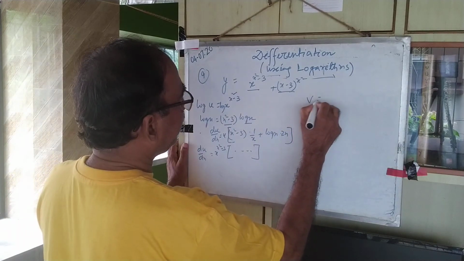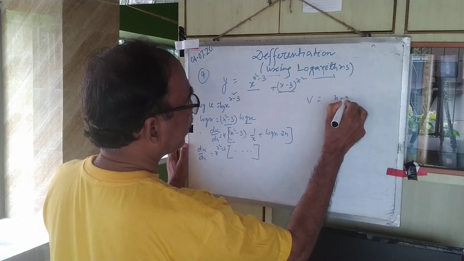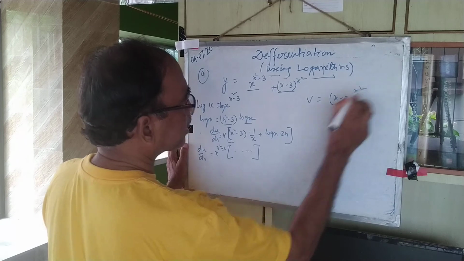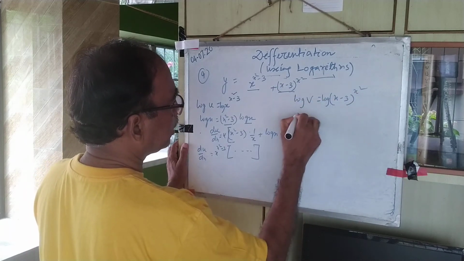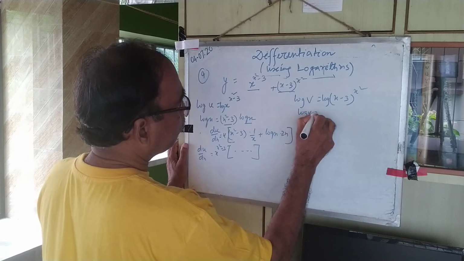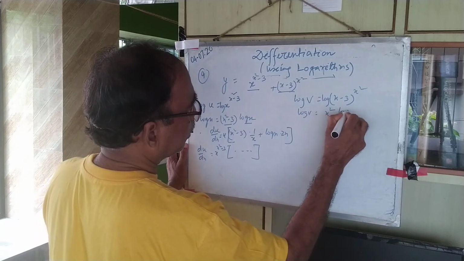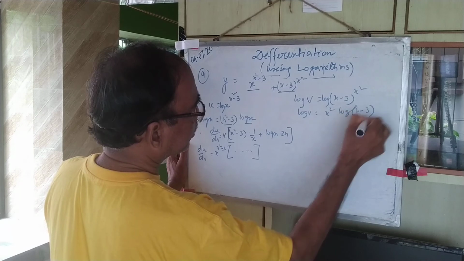Similarly, v equals (x minus 3) whole to the power x square. Taking log both sides, log v equals x square log of (x minus 3).